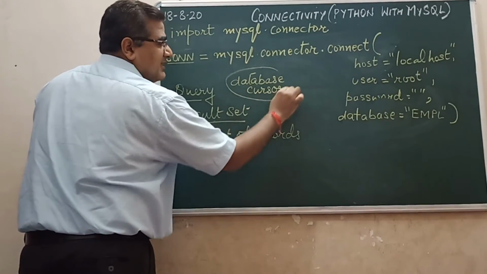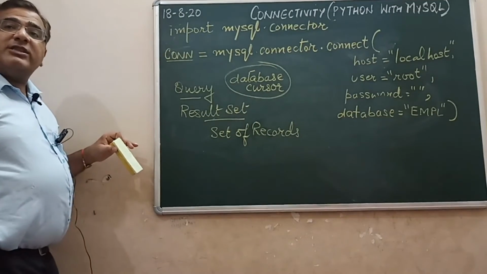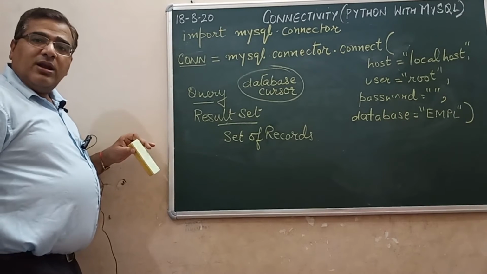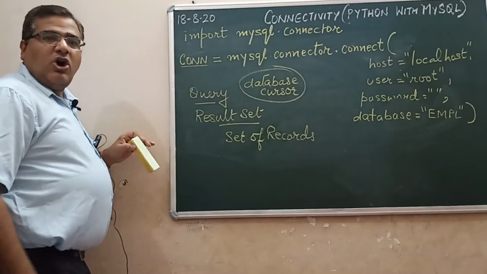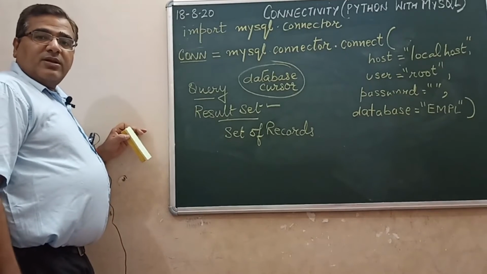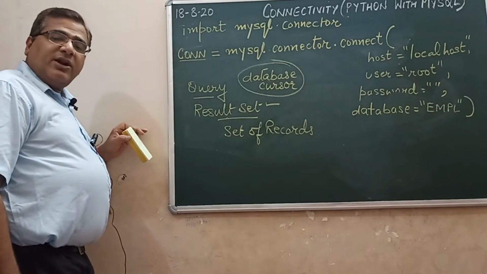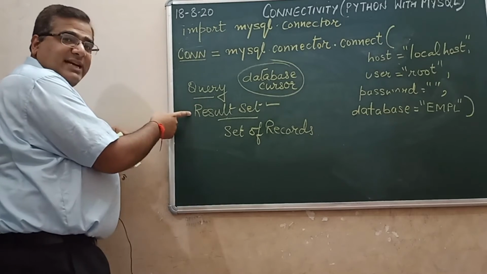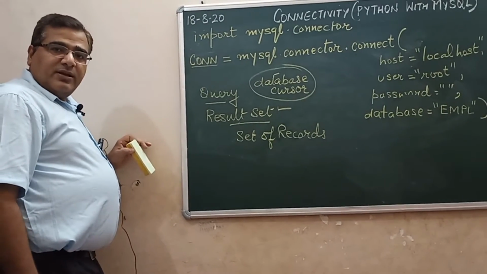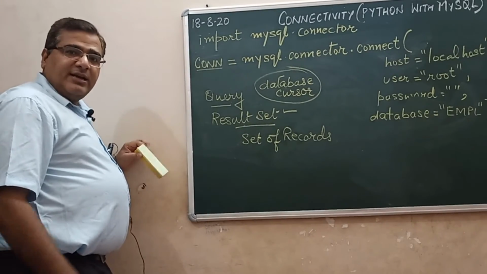A database cursor acts as a control structure that will control the accessing of records from the result set. You can retrieve one record at a time from the result set with the help of the database cursor. This is also an identifier.